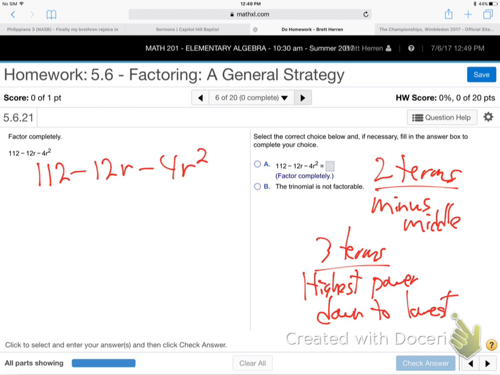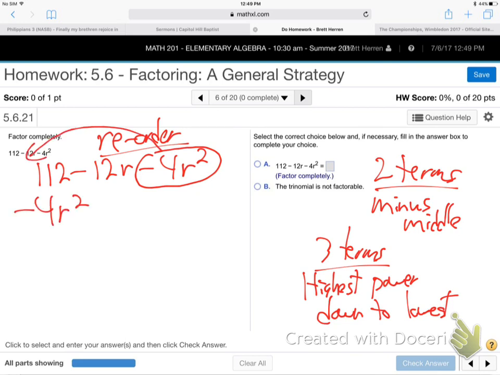So I do need to reorder, huh? I need to reorder. Because these are three terms, which means they need to be highest power in the front down to lowest. So grab that minus 4r squared and put it in the front. Remember, you take that sign with it when you move it, right?